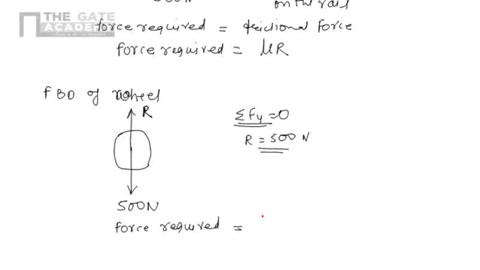So the force required will be mu R equals 0.3 into 500, so it will be 150 Newton. In this way we can easily calculate the force required to roll the wheel on the rail, that is 150 Newton. So the correct answer will be 150 Newton.